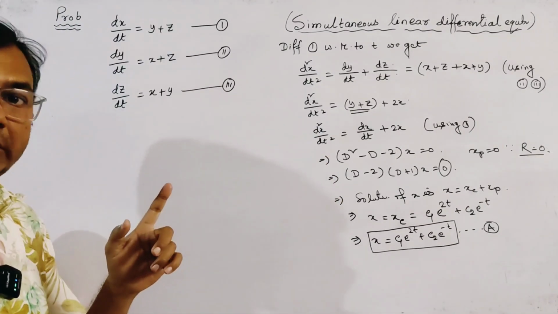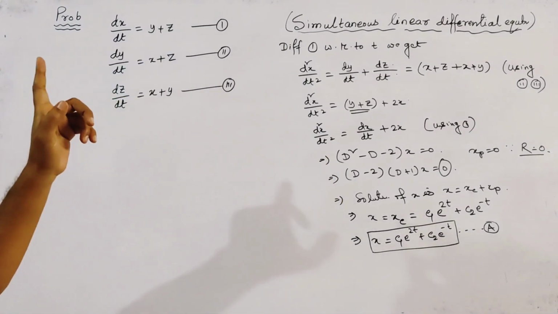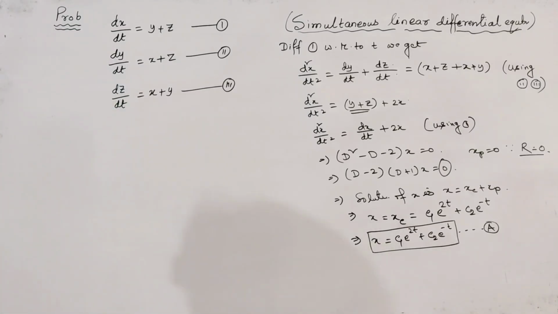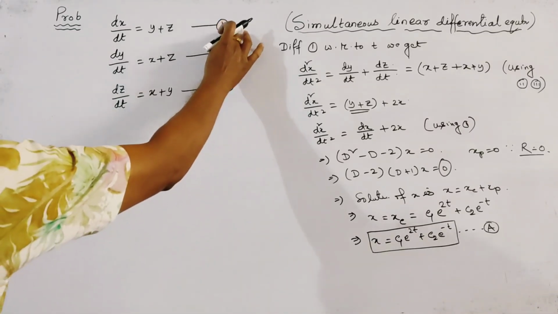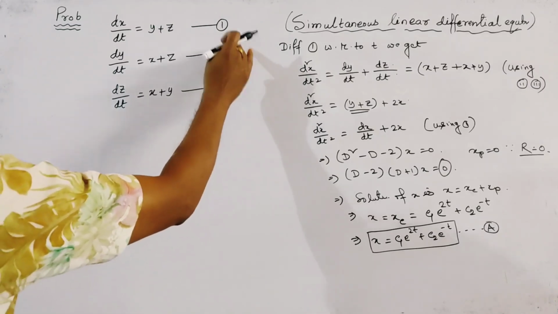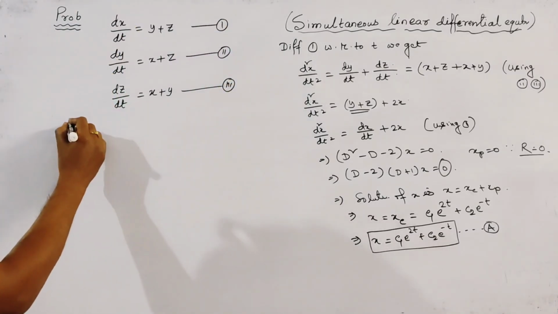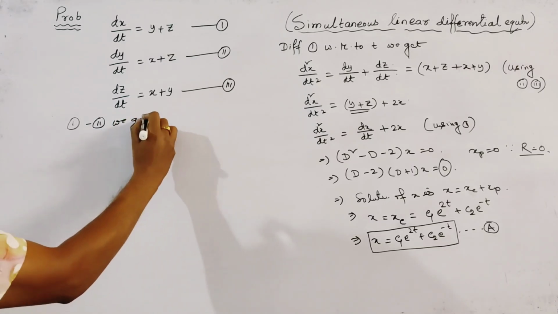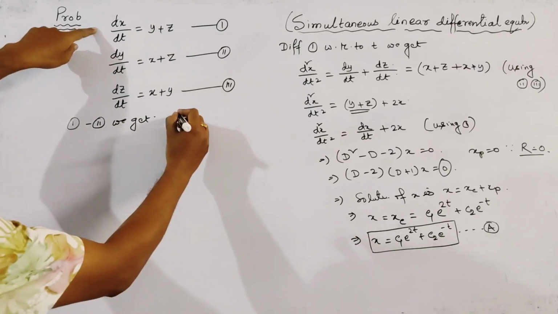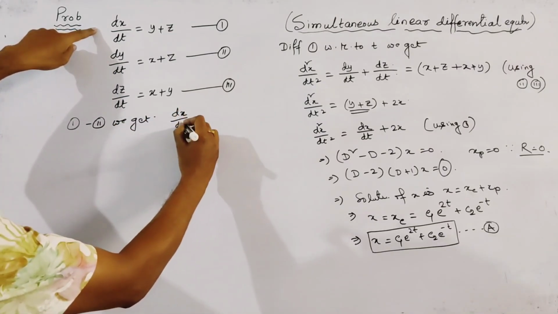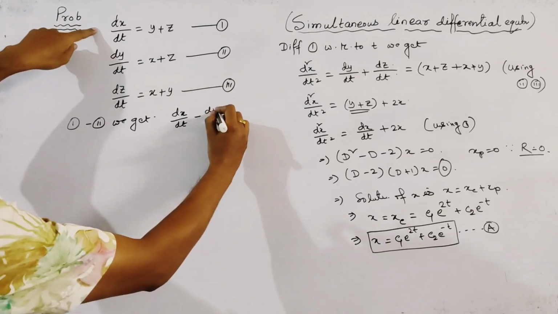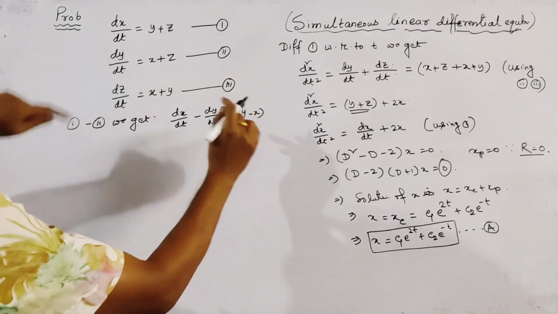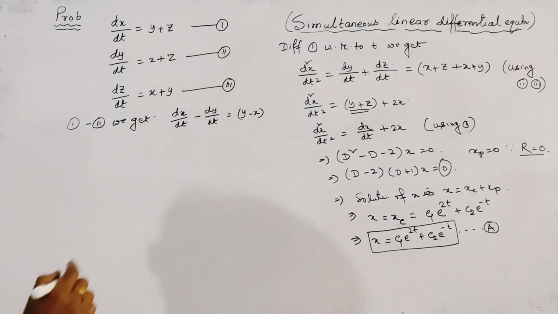Now to find the other two values of the dependent variables, y and z, we subtract 2 from 1. So we write 1 minus 2, and we get dx/dt minus dy/dt equal to y minus x, because z and z cancel out.